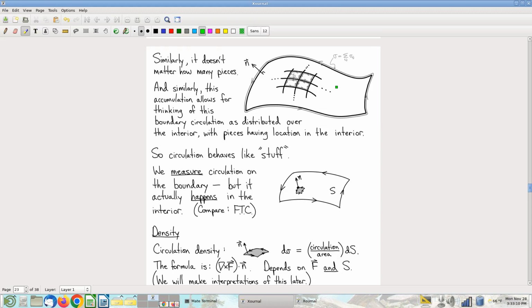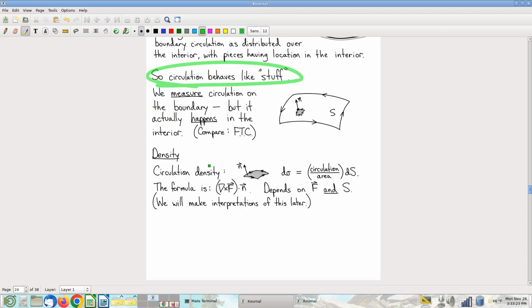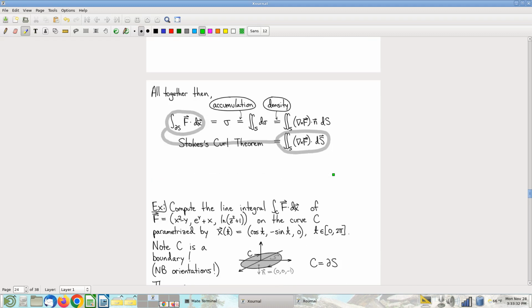We will conclude similarly that boundary circulation behaves like stuff. Even though we don't think of it physically, mathematically, it behaves like stuff. It's accumulative, like stuff is. And correspondingly, you can talk about a corresponding notion of density. And with that notion of density defined, theorem. So, a very, very similar pattern. The only thing that's different is a couple of details. And here we go.